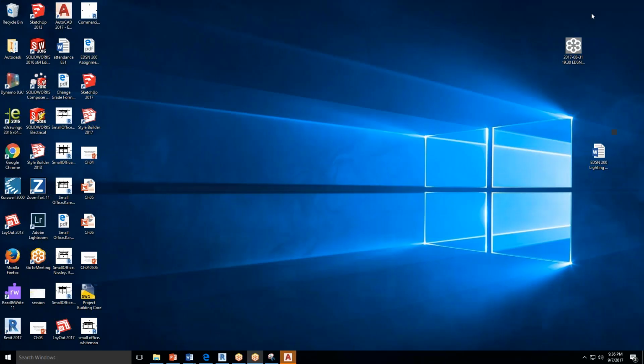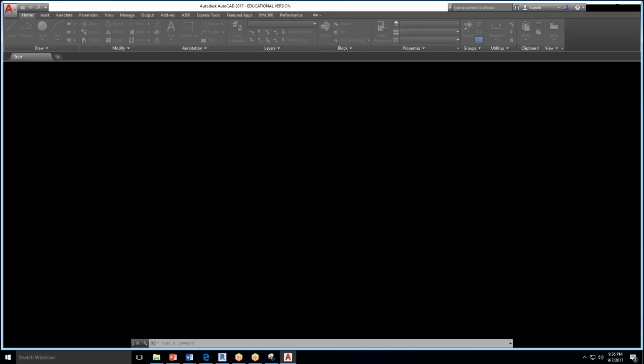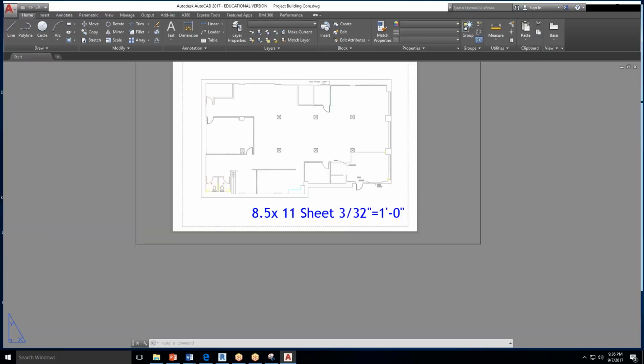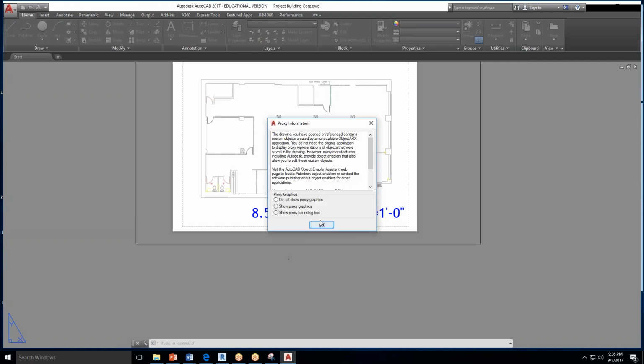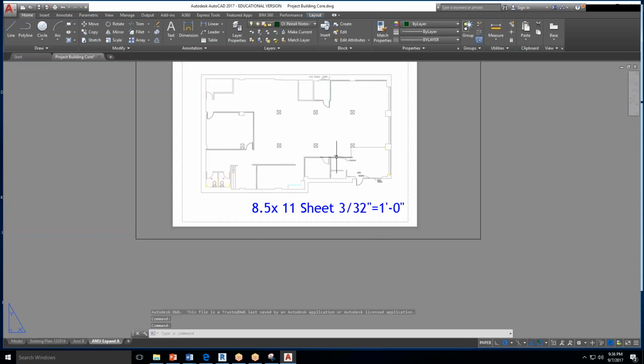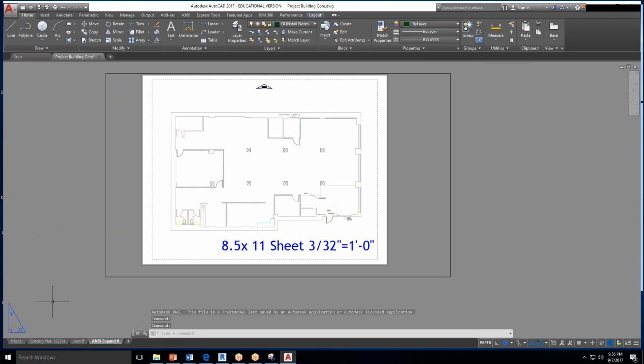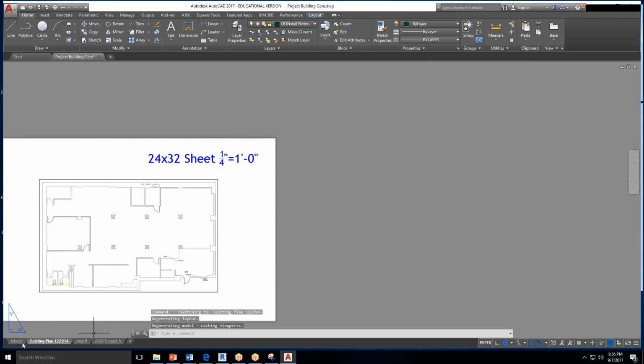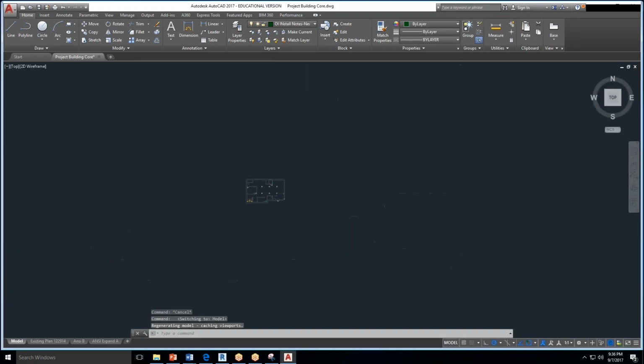Okay, Project Building Core. Let's try again. It says it doesn't want to open it, but all right. So what are you talking about, Karen? When I go into the existing plan, model space, this is what I see.